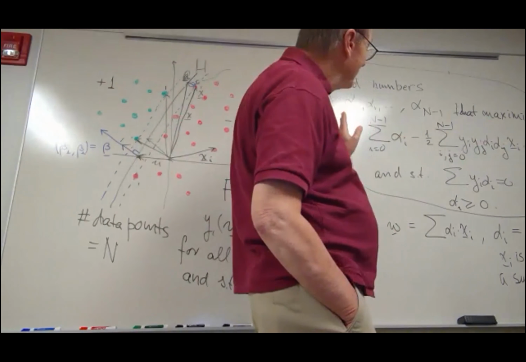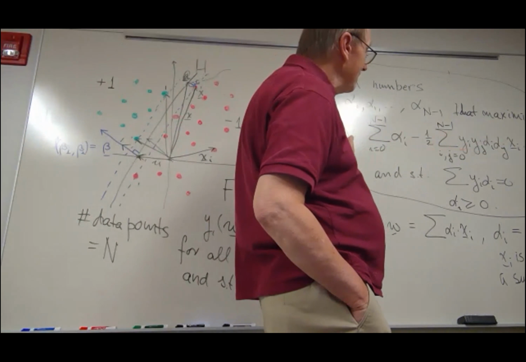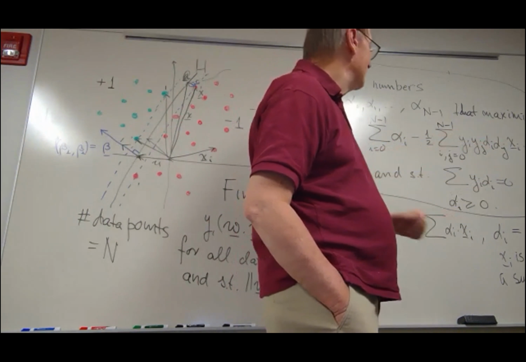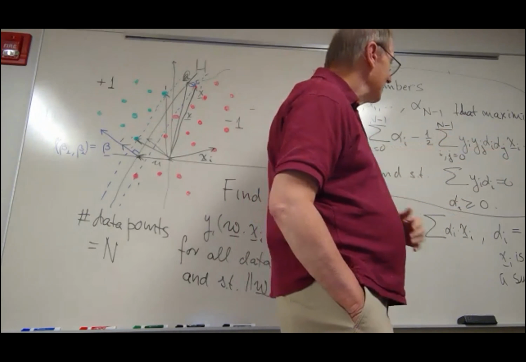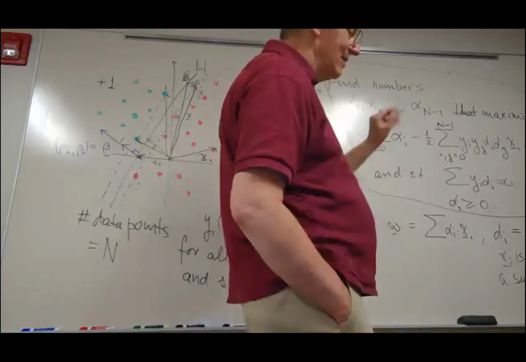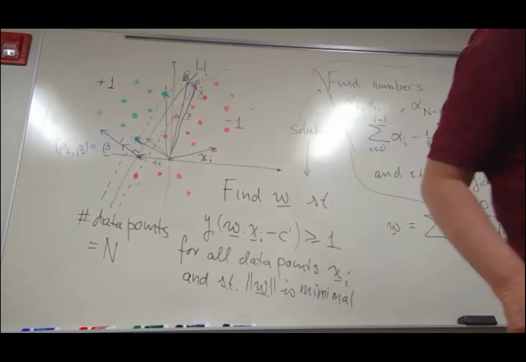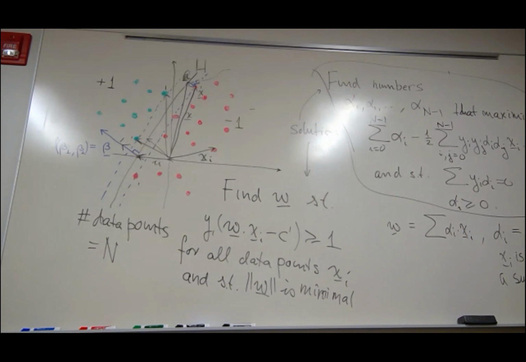A quadratic optimizer can do this, but there are other algorithms that can do this too. But we won't go into the actual way of solving this, because that's a lot of math that goes into that.